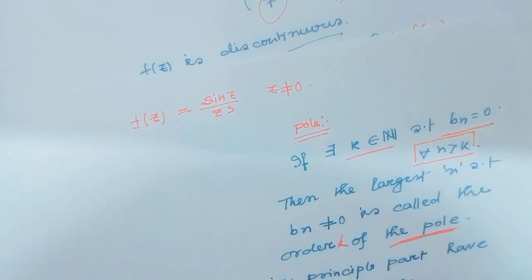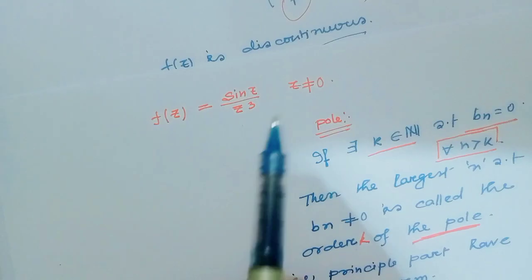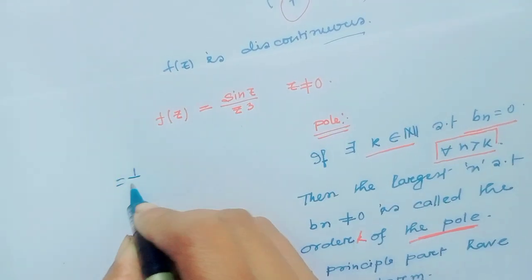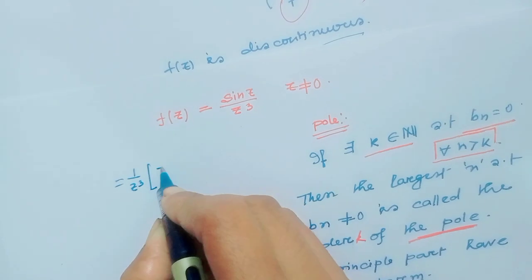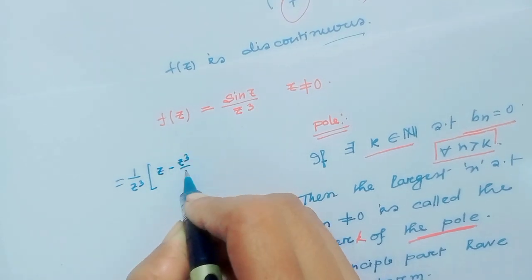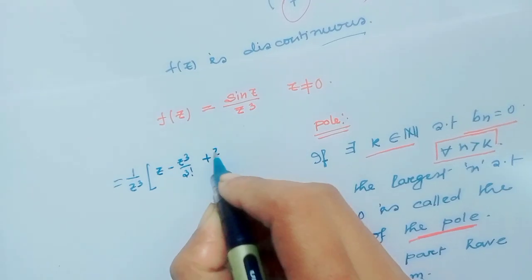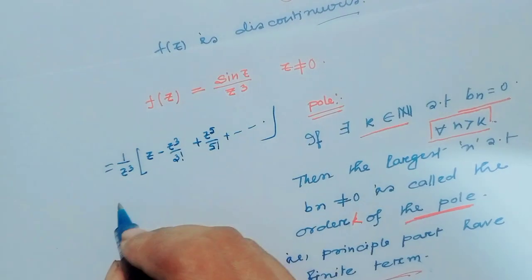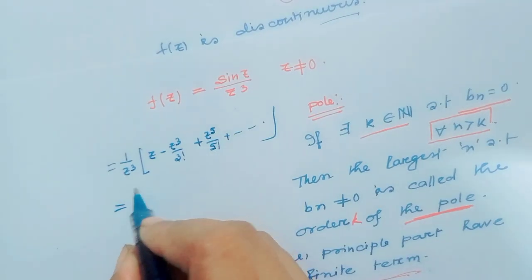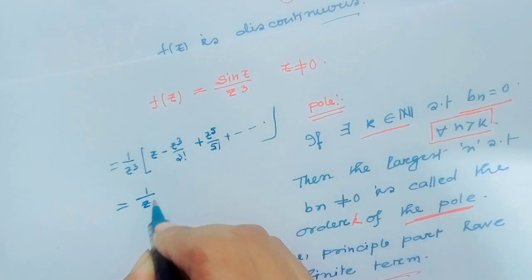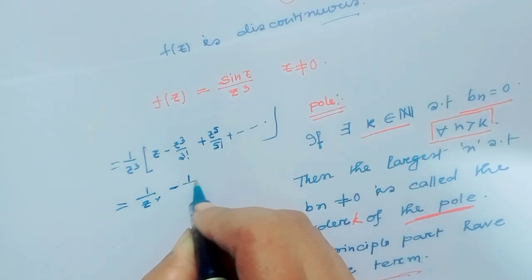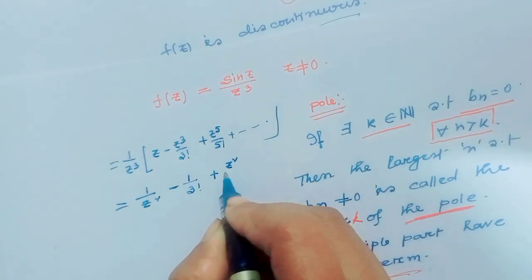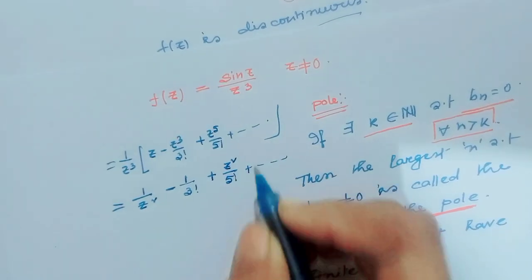Notice here sin z over z cube. At first see the Laurent series expansion. Here 1 over z cube. We all know sin z means z minus z cube over 3 factorial plus z to the power 5 over 5 factorial and so on. After calculation, this value would be 1 over z square minus 1 over 3 factorial plus z square over 5 factorial and so on.